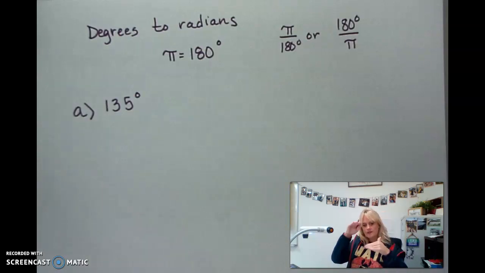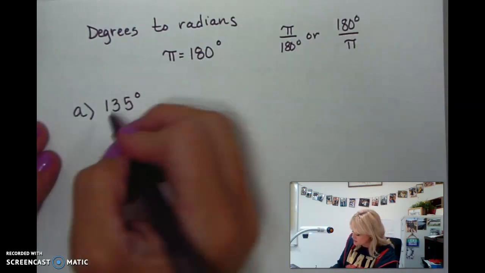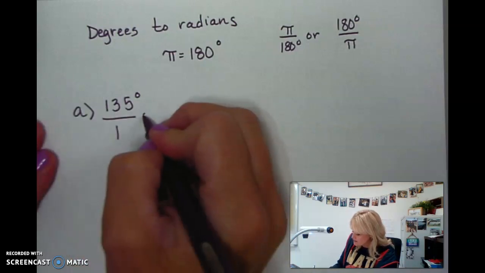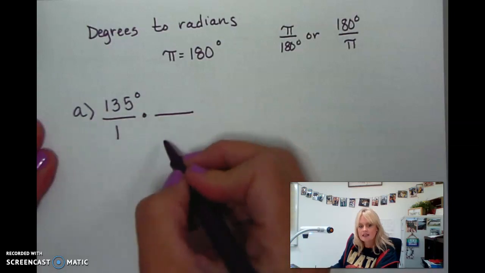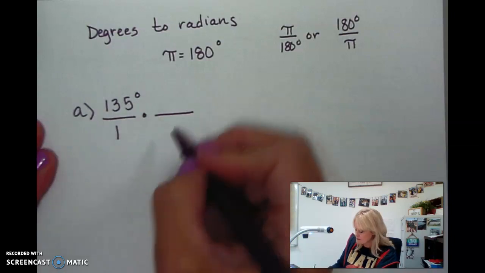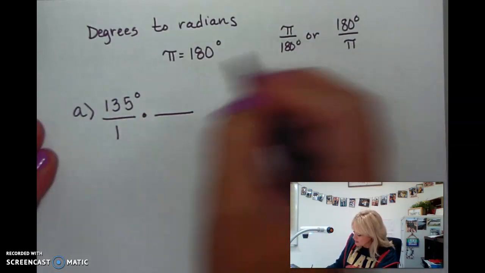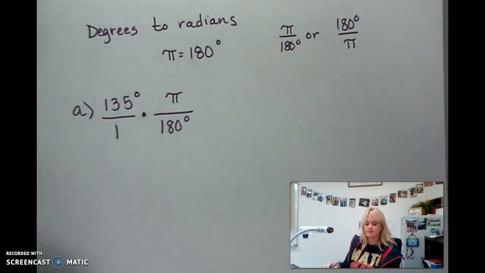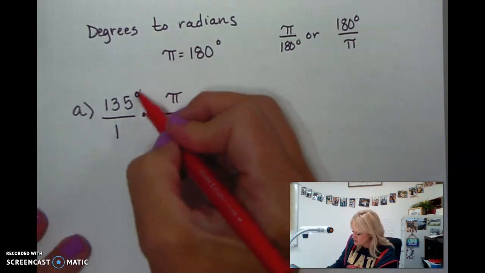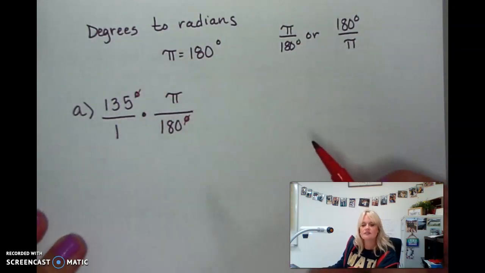They need to be one on the top and one on the bottom. So because this has degrees on top, I need my degrees to go on the bottom. So I'm going to pick pi over 180 degrees, because now that I have a degree on top and a degree on the bottom, they cancel with each other.